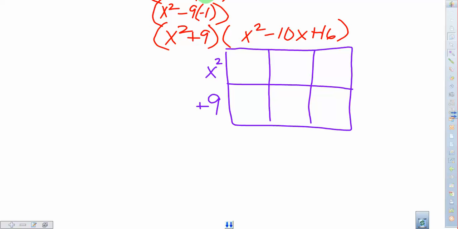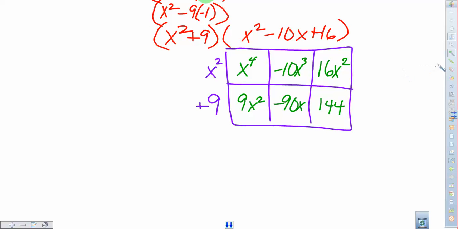Let's start filling some stuff in here. So we have x squared times x squared, that's x to the 4th, minus 10x to the 3rd, that's 16x squared. Multiply all those by 9, so now I have 9x squared minus 90x. 9 times 16, yikes, I might have to bust out a calculator or just simply pause it. Oh goody, 144.